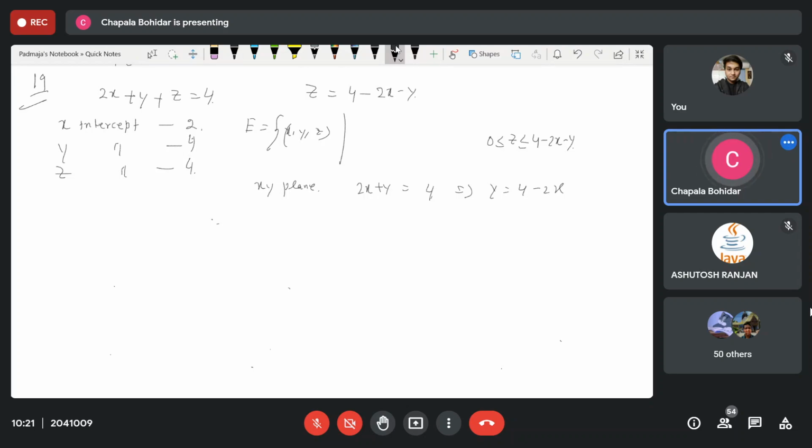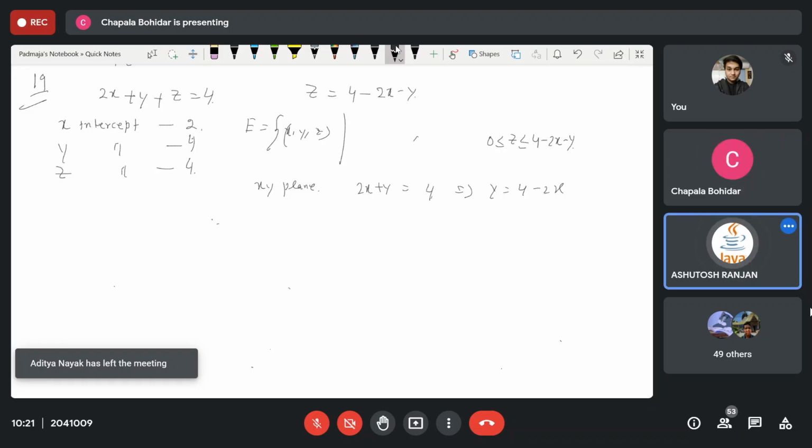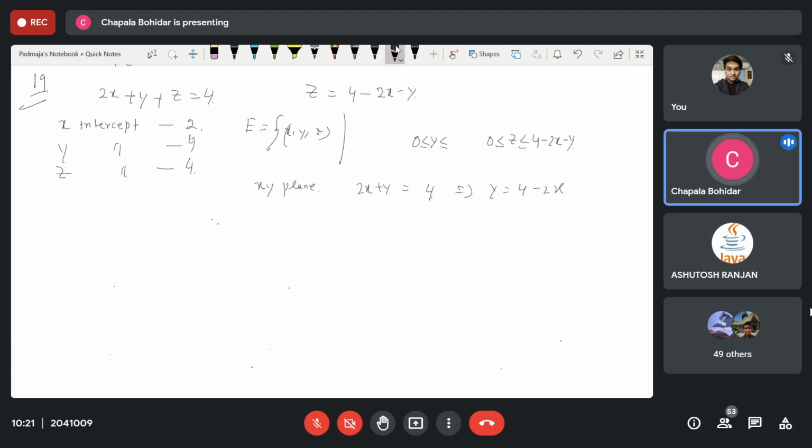So y lies from 0 to 4 minus 2x. Then x lies from 0 to 2.